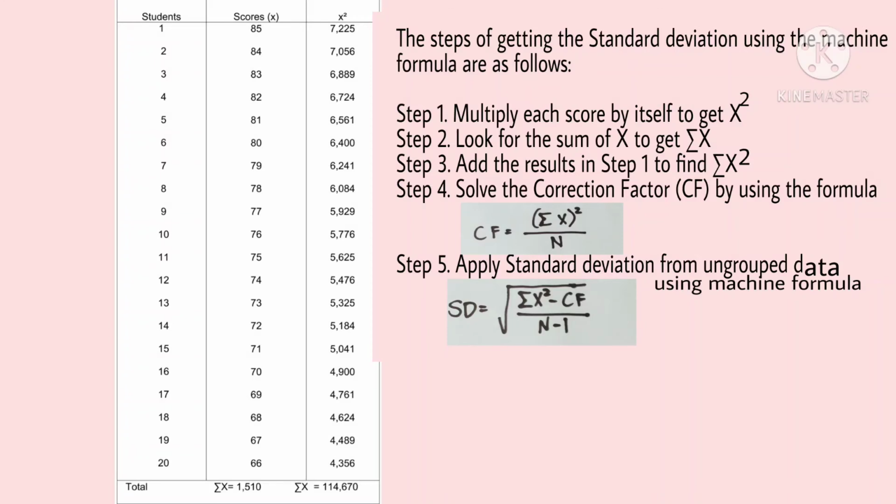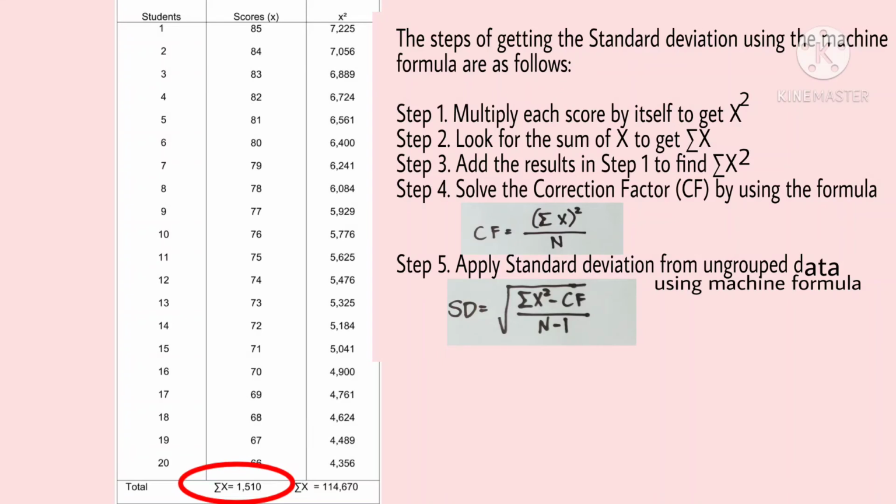So now let's add 85 plus 84 plus 83 plus 82 plus 81 plus 80 plus 79 plus 78 plus 77 plus 76 plus 75 plus 74 plus 73 plus 72 plus 71 plus 70 plus 69 plus 68 plus 67 plus 66 is equal to 1,510.